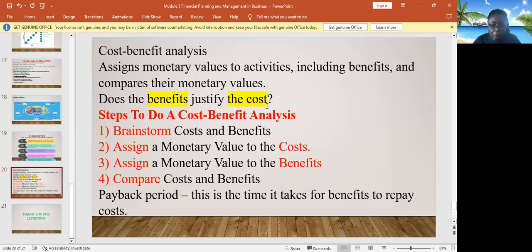Also, look at the payback period, this is the time it takes for benefits to repay costs. When the benefit exceeds the cost, that's your payback period. I have invested so much, my labor, my money, all the resources in it, and this is how much I have been able to obtain. So this is what we have been able to do.